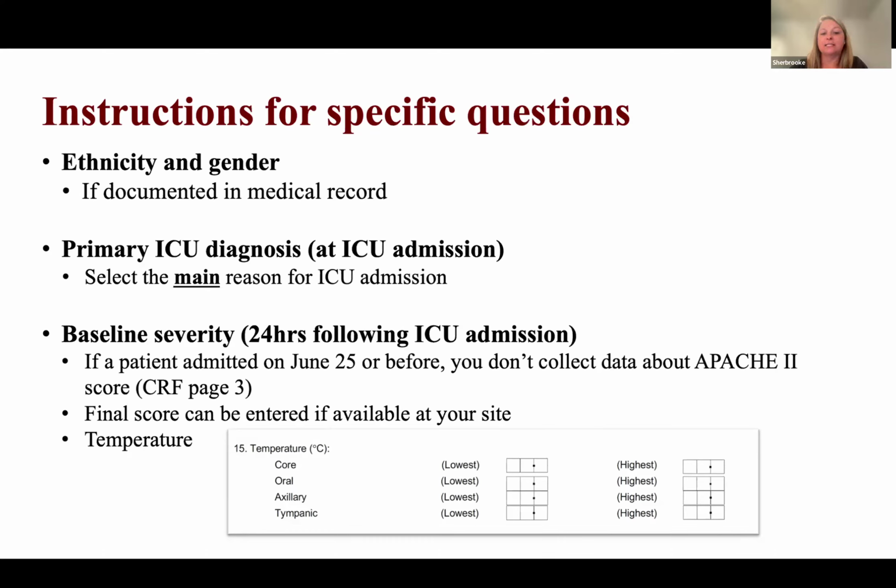If you have, let's say, two core temperatures during the 24 hours, you enter the lowest and the highest. And if you have also one oral temperature and one axillary temperature, you will have in the oral line in lowest the value and the same value in highest, and axillary as well.